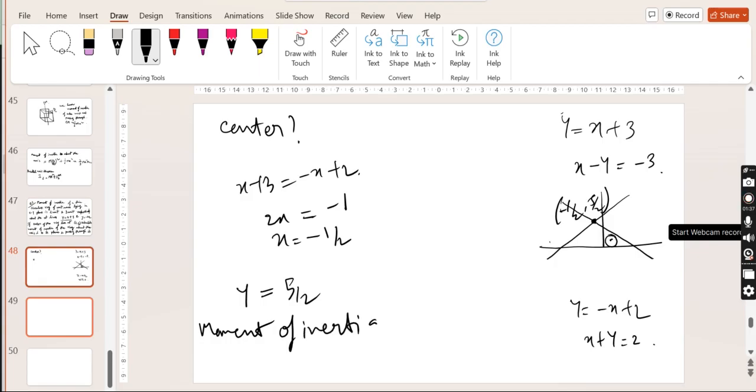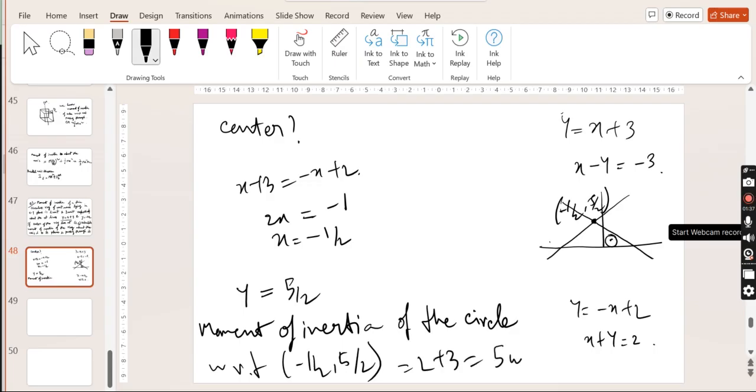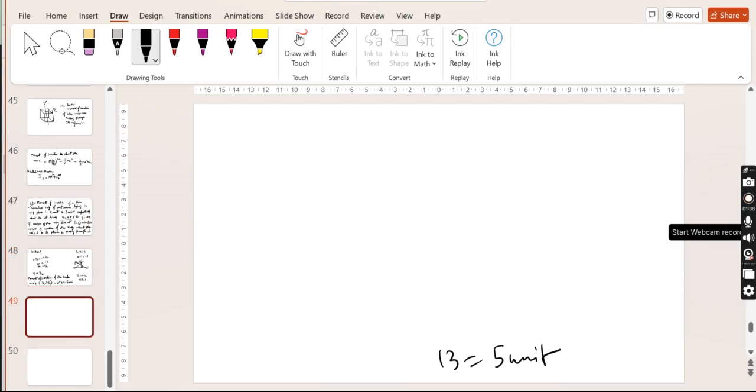The moment of inertia of the circle with respect to the point (minus half, 5 by 2) will be 2 plus 3, that is 5 units, because the lines are perpendicular. This is one thing.